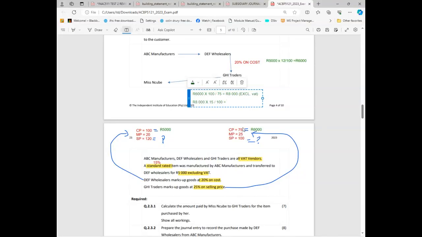Whether you're using 15 over 100 or 15 over 115, what is the answer? The VAT. Yes, the VAT. So are we calculating VAT here now? No, we're not calculating VAT. It's exclusive of VAT.